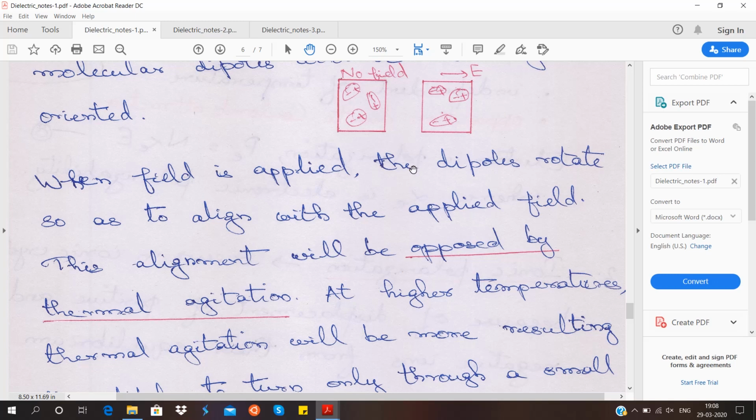Here the rotation which is happening is going to be opposed by the temperature. We call this thermal agitation, opposition to the movement of the polar molecules due to increase in temperature. So if temperature is increased, they are not able to rotate much. The rotation happens only by a small amount. They are not able to come and align. All of them cannot align in the same direction.